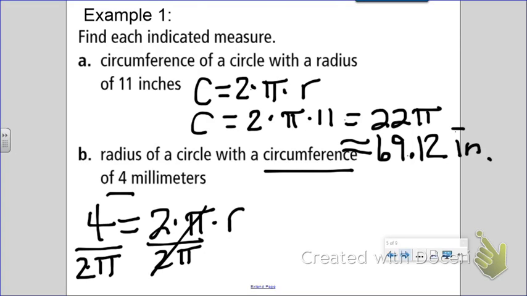So if we take 4 divided by 2 times pi in our calculator, we get 0.64 for the radius.